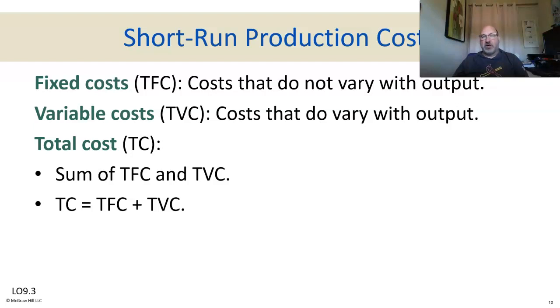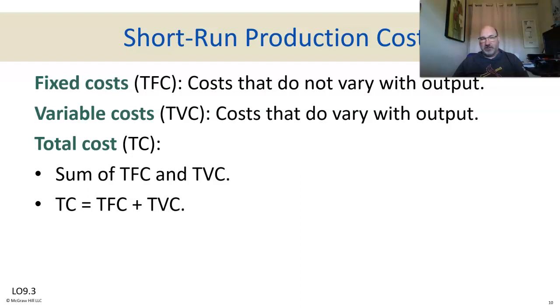Short run production costs. Total fixed costs are costs that do not vary with output. Variable costs, total variable costs, TVC, costs that do vary with output. Let's stop there for a second. Fixed costs are going to be those things like rent, your loans, loans on capital, those kinds of things, maybe insurance, that kind of thing.